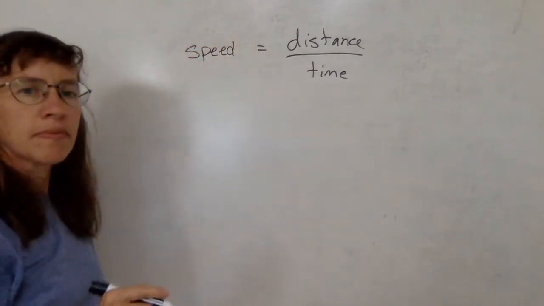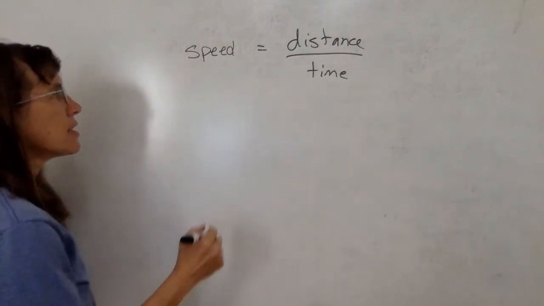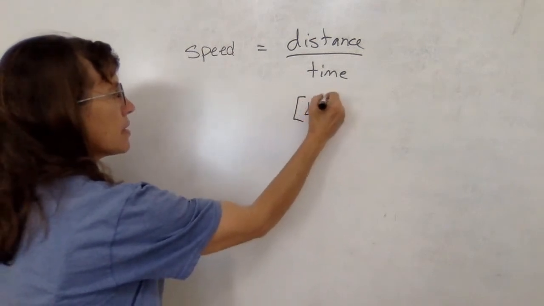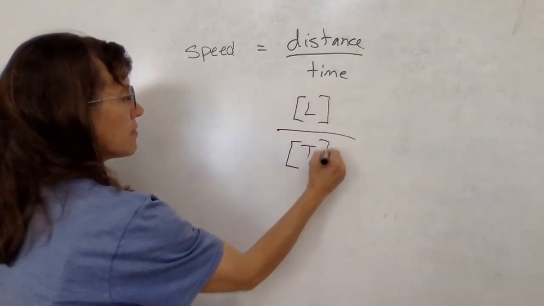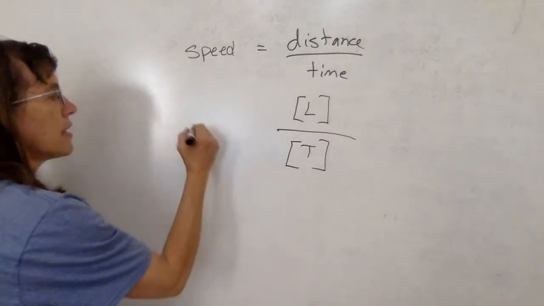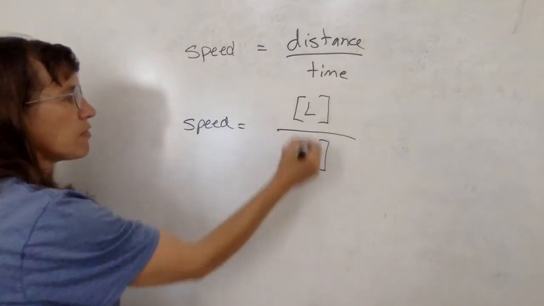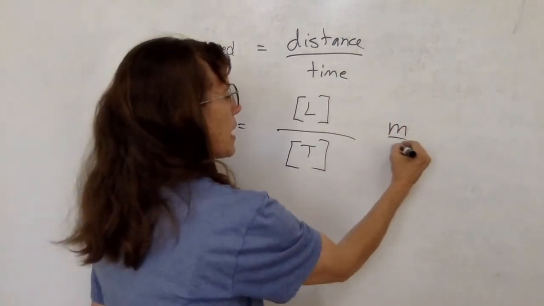Speed equals distance over time, and so distance has units of length. Time, we just say it has units of time, just like that. And so speed has units of length over time, all right? Or we could say meters per second.